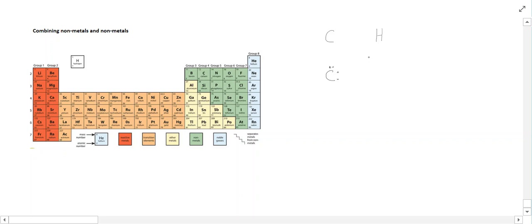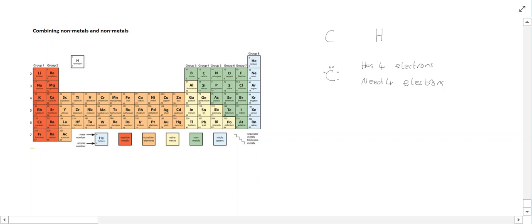So carbon has 4 electrons and it needs 4 electrons. Remember, the outer shell of carbon wants to have 8 electrons. What does that mean?